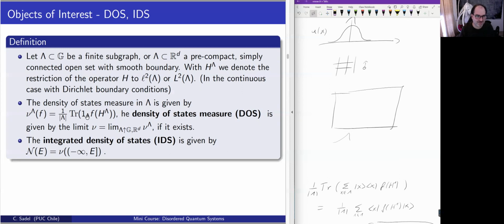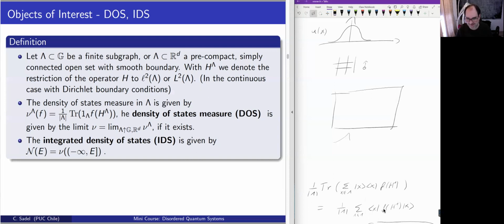And in the discrete case, let me look at this a little bit more closely. When you look at this trace, this projector 1_Lambda you can write like a sum of rank 1 projections onto the sites in Lambda, and then this trace is the same as just taking this sum here. So what you do really is you average over your box Lambda all the spectral measures at all the lattice sites x.